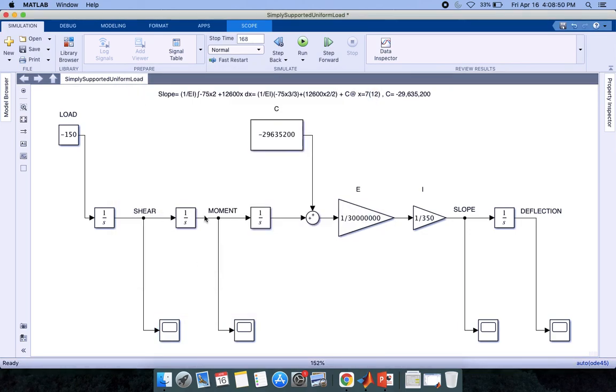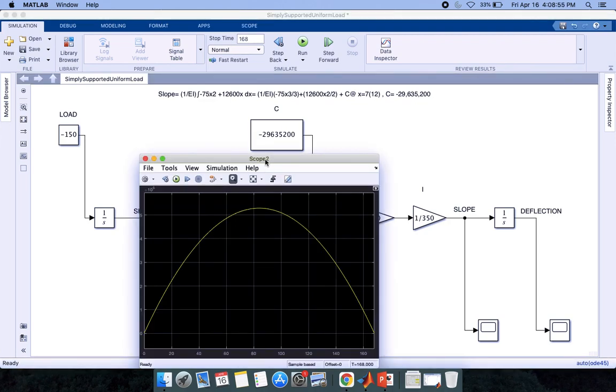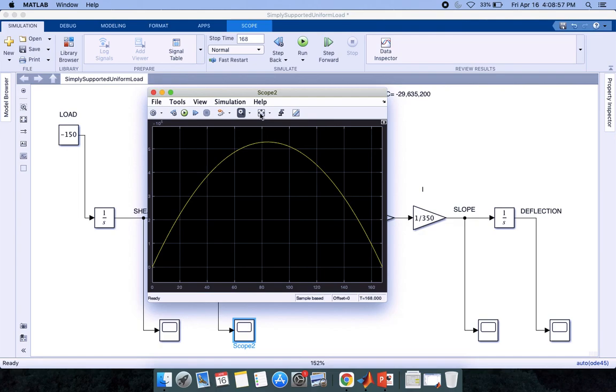If we now integrate the shear equation, we can get the moment diagram. The moment diagram, second order equation, results in a concave down parabola, the max being at the midpoint of the beam.